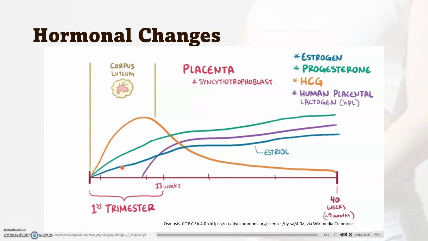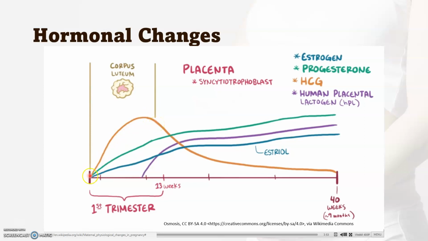So this graphic shows the changes in some of the key hormones during the course of pregnancy. This orange line represents human chorionic gonadotrophin, HCG, which is the hormone that we test for in early pregnancy to diagnose pregnancy.